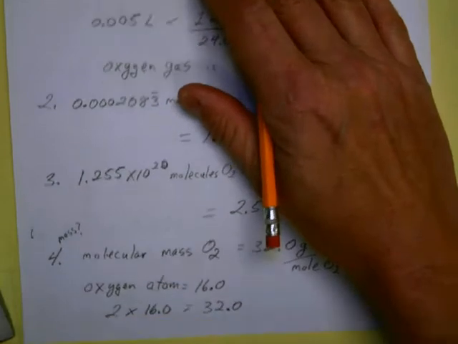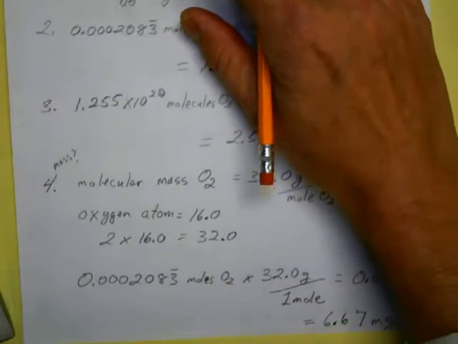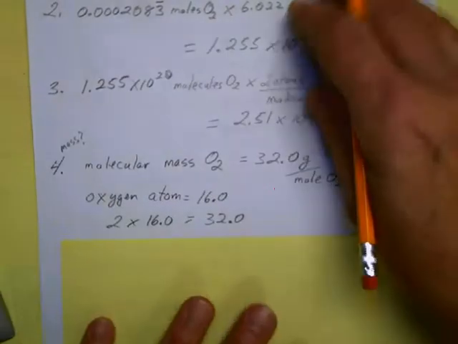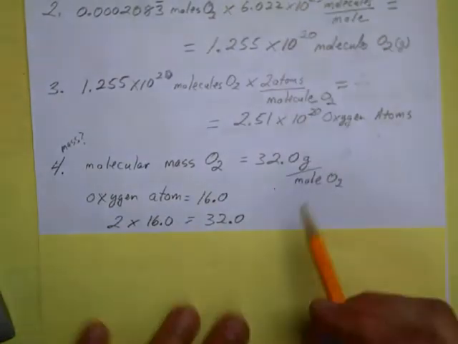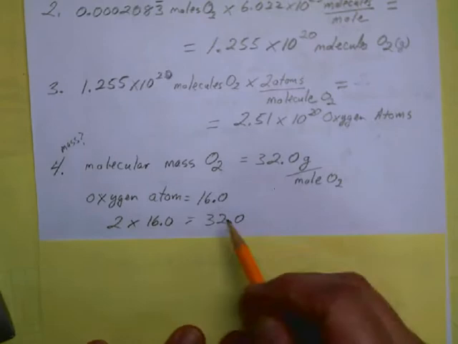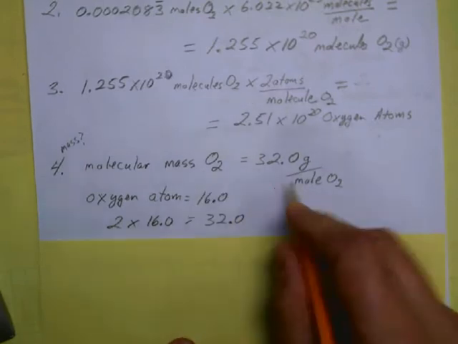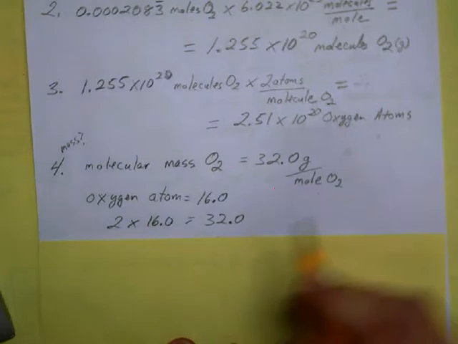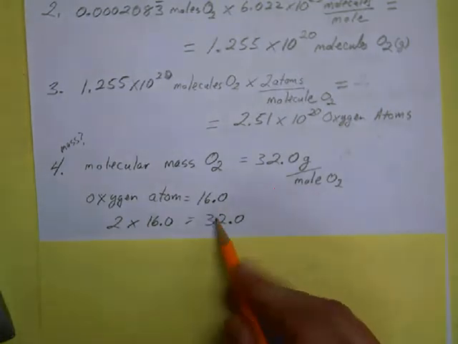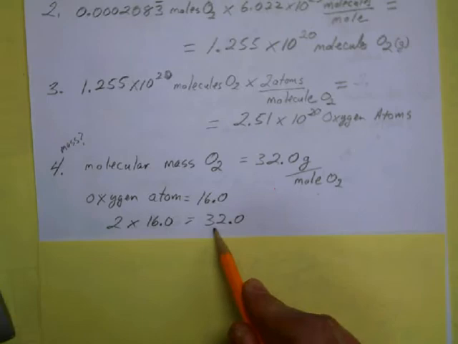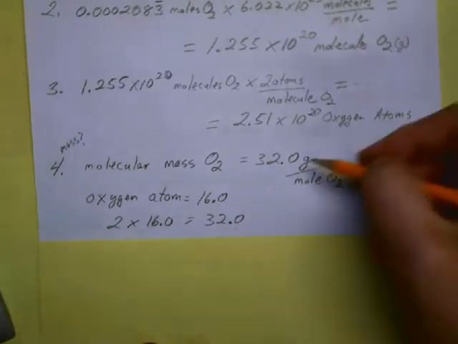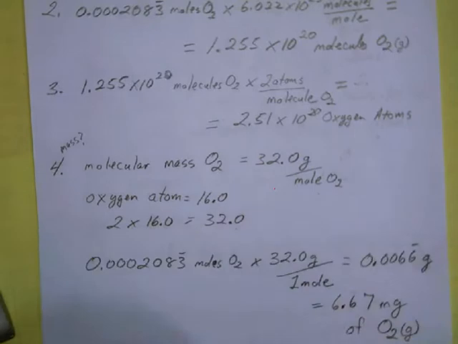Number 4 asks you for the mass. Using our periodic table, we can figure out that the molecular mass of oxygen gas, O2, is 32.0 grams in 1 mole of oxygen gas. 1 oxygen atom has an atomic mass of 16, so 2 of them are going to have an atomic mass of 32.0, or 1 mole will have 32.0 grams.